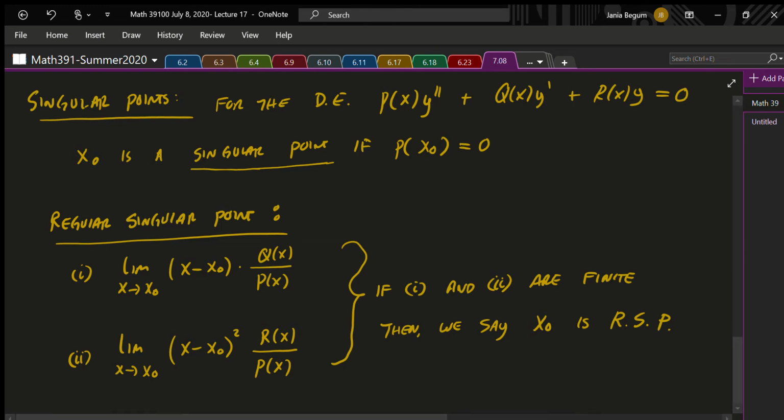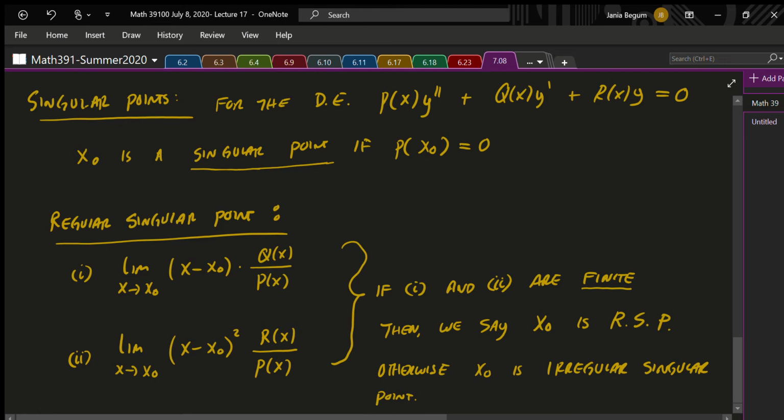If it's not finite, then it's irregular. Okay? So otherwise, x0 is an irregular singular point. Okay. So the key idea here is that these limits are finite.